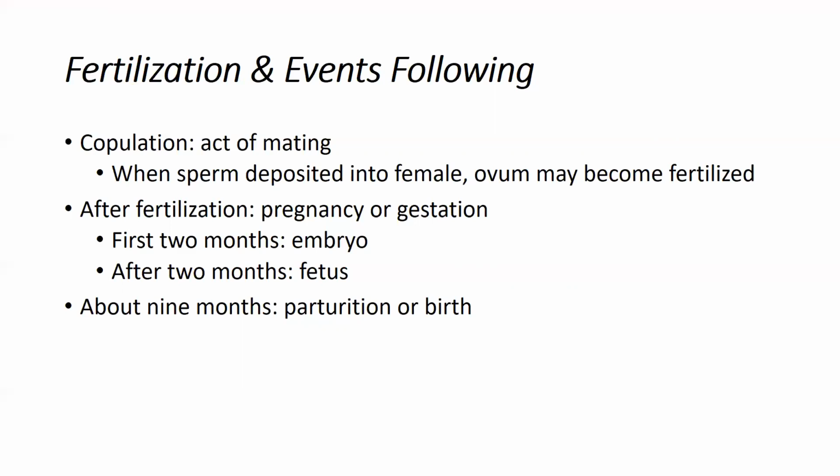The uterus is sort of the descriptive factor when we talk about the fetus. Once it's in the uterus, it's a fetus. Once it's outside the uterus, we then begin to classify it as a child, an adult, a newborn, etc. Now this takes place after 9 months, after which parturition or birth takes place, and that culminates the gestation process.